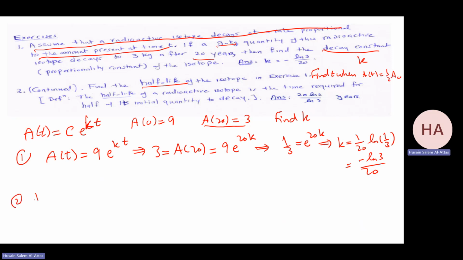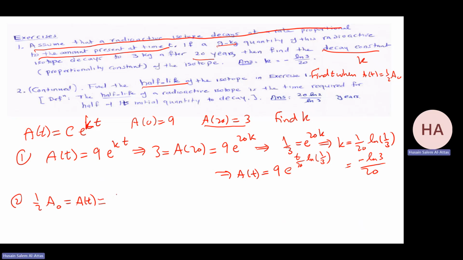Second part, half A0 equals A of T. By the way, if K is this, what will be A of T? It will be 9 e to the T over 20 ln 1 over 3. I think this is better. T over 20 ln 1 over 3. Okay, so I'll put it here.